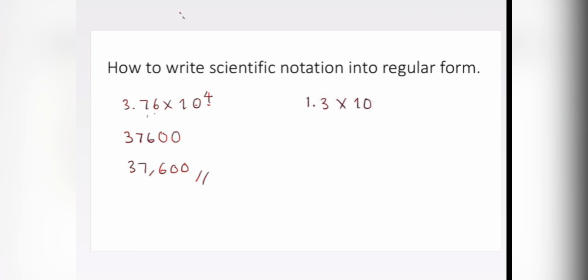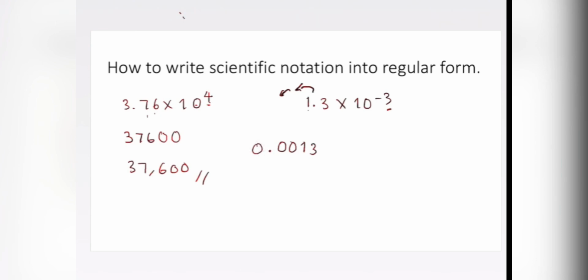Okay, let me show another example having a negative exponent. When you have a negative exponent, your number is going to be smaller, right? So that means you have to move the decimal point 3 places back. One place is already here, so 1, 2, 3.